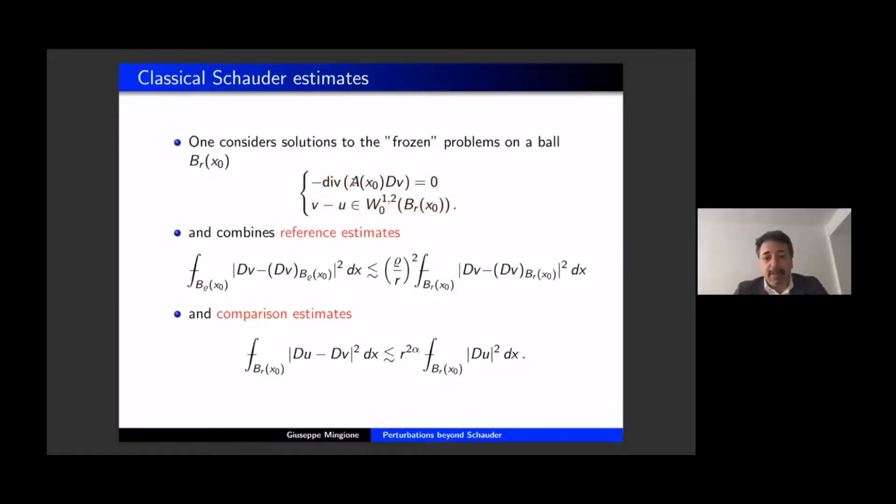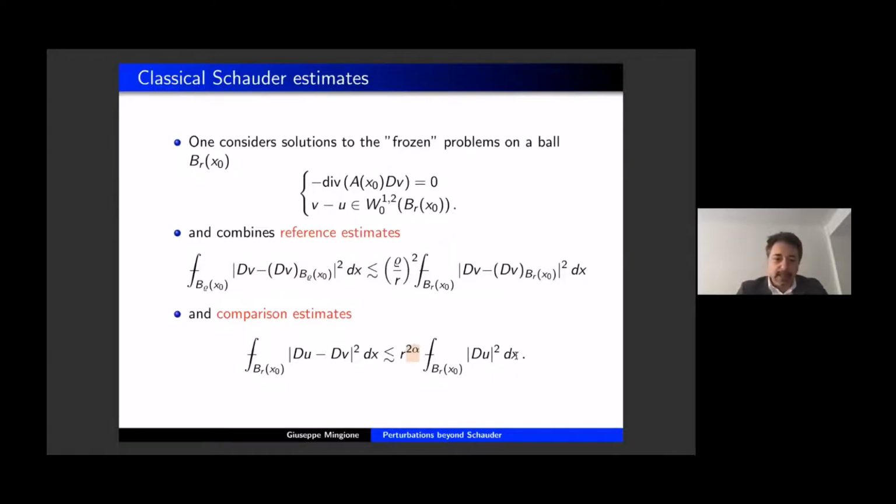And okay, for instance, let me see what Campanato does. So you're freezing a point. So you solve the frozen equation with the same boundary data of the original function. Then you prove this reference estimate that encodes the fact that Du is in turn Lipschitz. And then you prove the comparison estimates, and here is the point where regularity of coefficients comes into play.